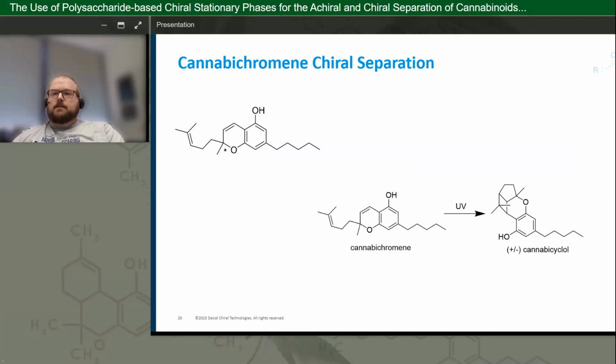So if we zoom in and look at this cannabichromene separation, cannabichromene naturally occurs within the plant, but exposure to UV light will force a cyclic rearrangement and form cannabicyclol. And so one of the ways to fingerprint storage and age of a sample is the amount of CBL, or cannabicyclol, that's in the sample.